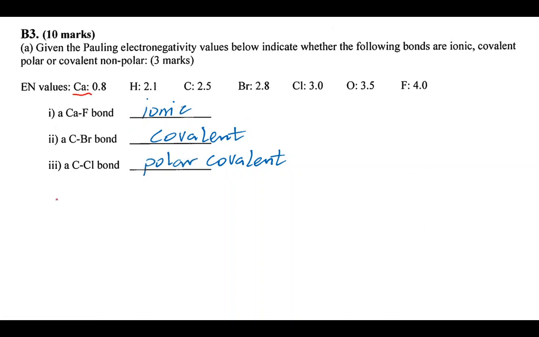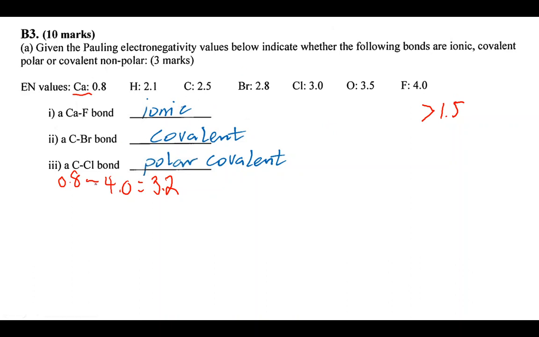So Ca here is 0.8, and then our fluorine is 4.0. So that would be a difference of 3.2. So remember, in order to be considered ionic, it has to be greater than 1.5. So this one would be considered ionic.